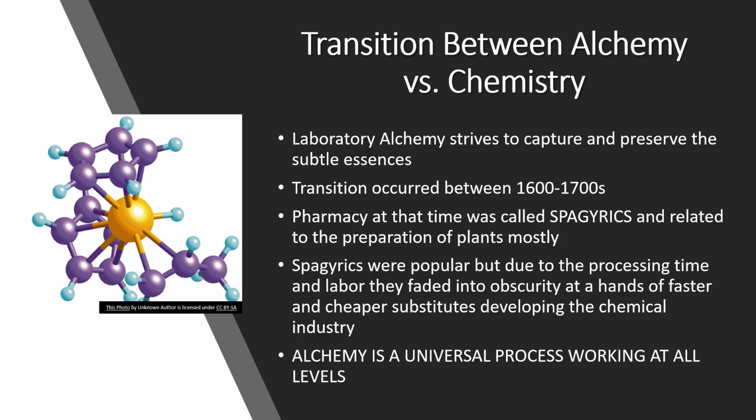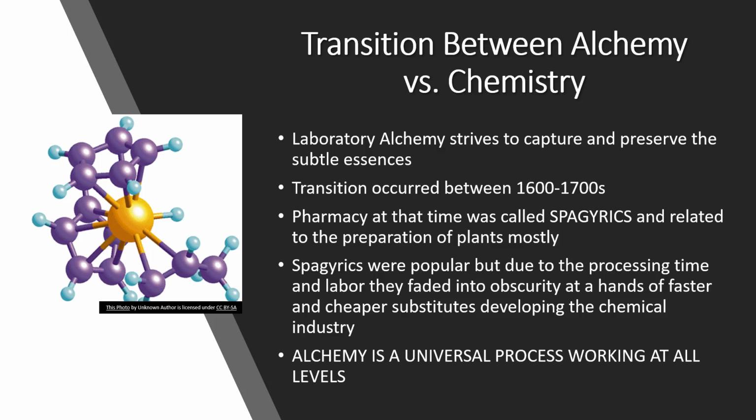Between 1600 and 1700 occurred a transition period between alchemy and the new science of chemistry. It is during this time period that we can find some of the most clearly written descriptions of processes used in alchemy. Apothecaries of the time were acquainted with the processes and used them to compound certain medicines.